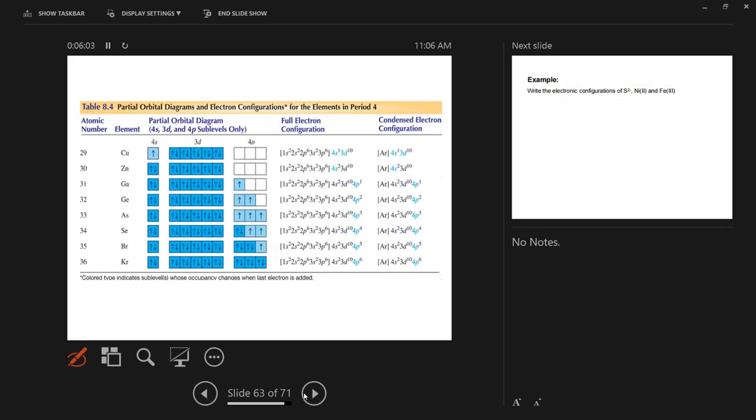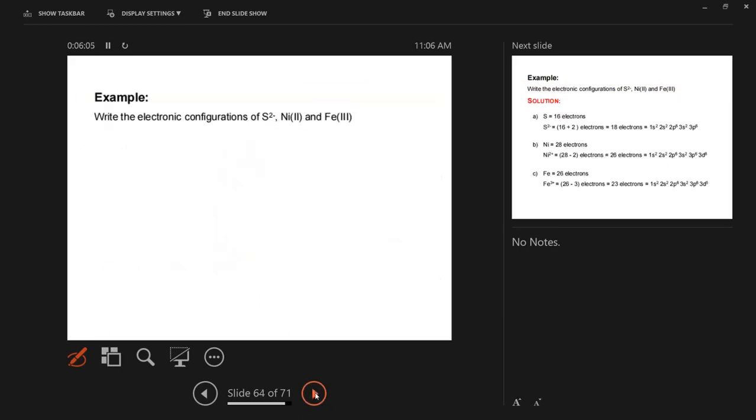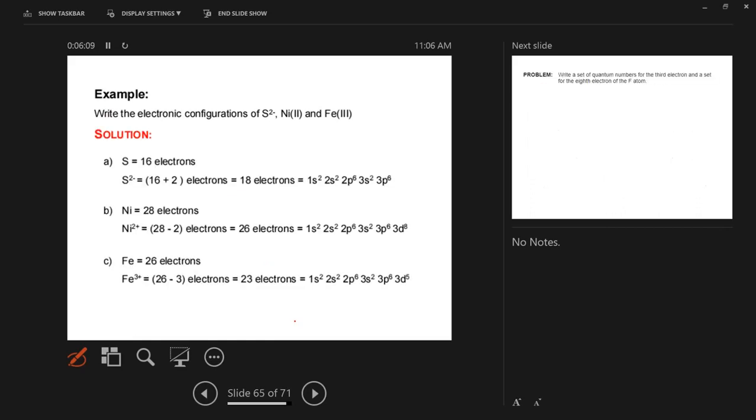Okay, write the electronic configuration of sulfur 2 minus, nickel 2 plus and iron 3 plus. Nickel 2 and iron 3 here means that they consist of positive charge. Nickel is 2 plus, iron is 3 plus.